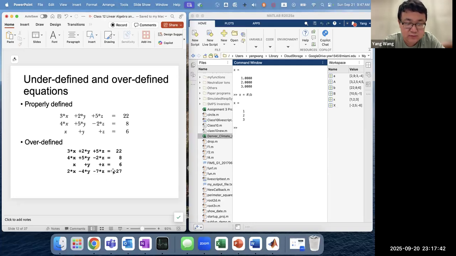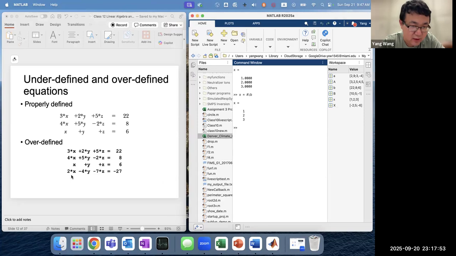Basically, this is an additional condition, but the same x, y, and z is still going to make this equation work. For example, if you have x, y, z being 1, 2, 3 and plug it in, you're going to have 2 minus 8 minus 21, right? Minus 8 minus 21 adding up together is minus 29. Then 2 plus 2 is minus 27. So this fourth equation still can use the same solution.